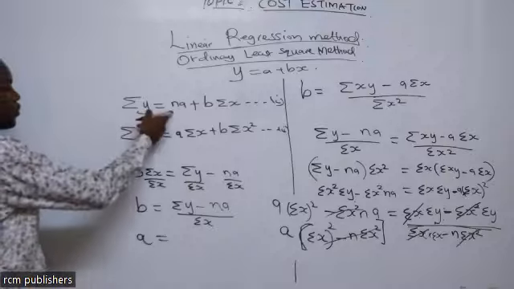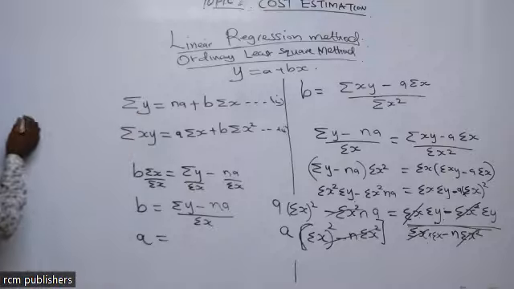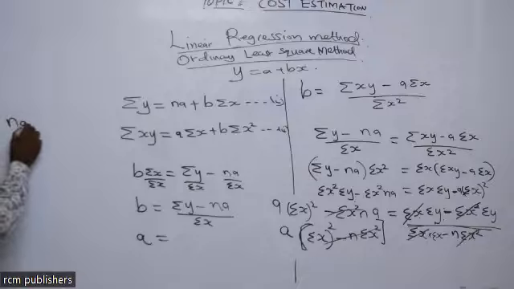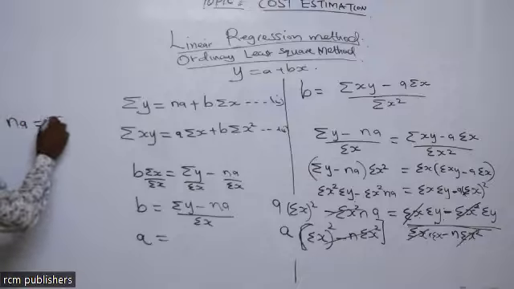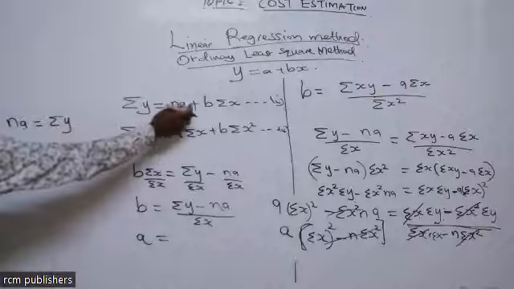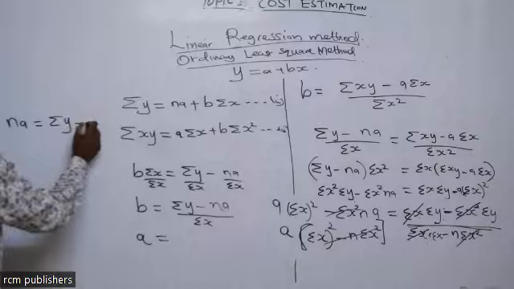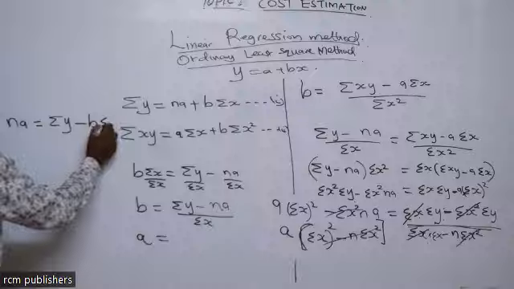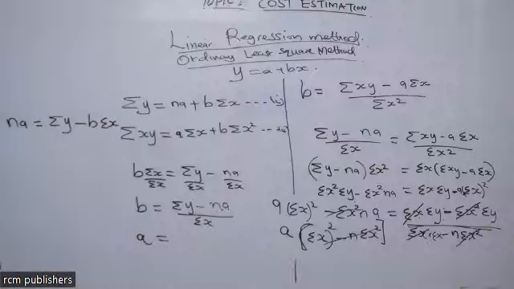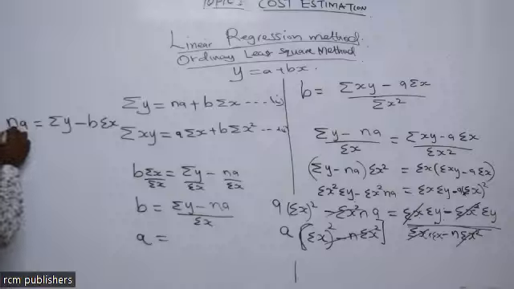So we simply come to this part here. Our A, or NA, is equal to summation of y. This one crosses the sign to be minus B summation of x. For us to get A alone, we divide both sides by n.